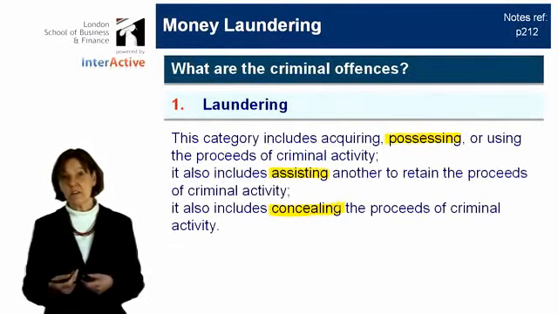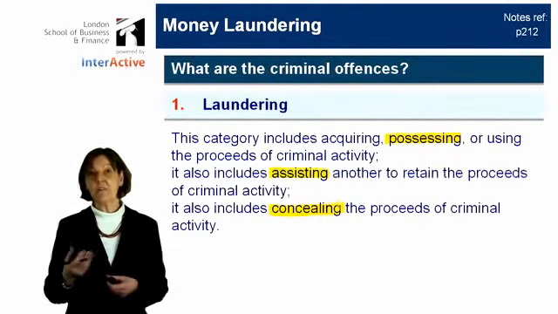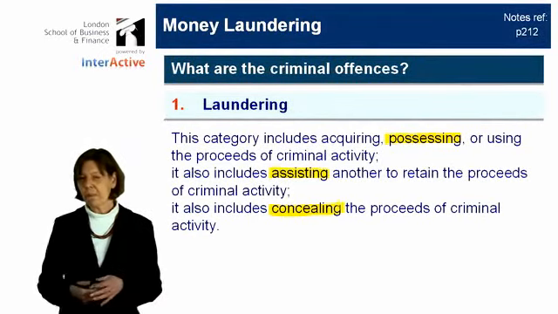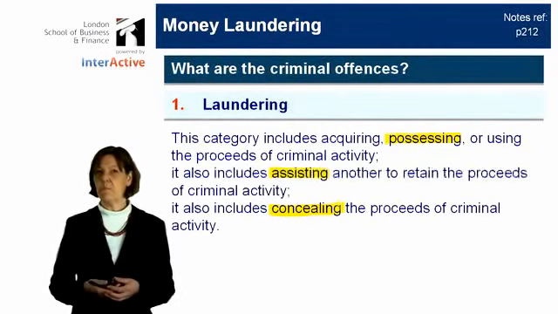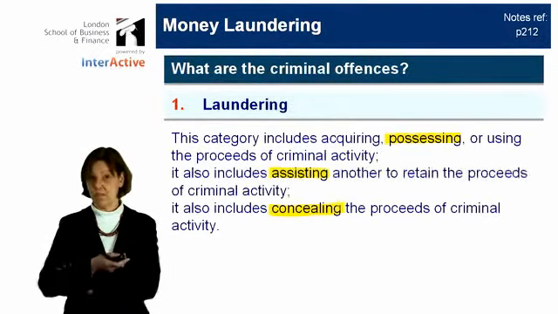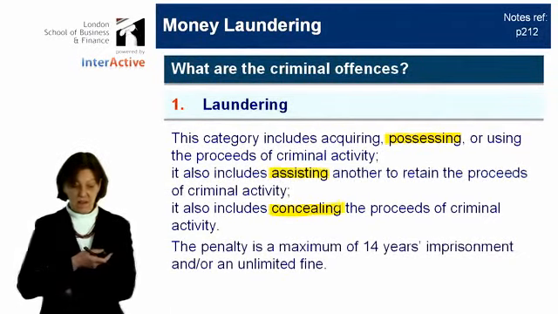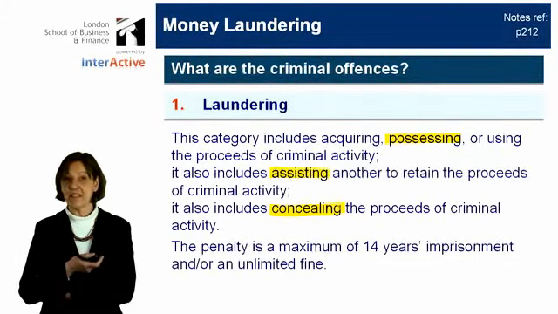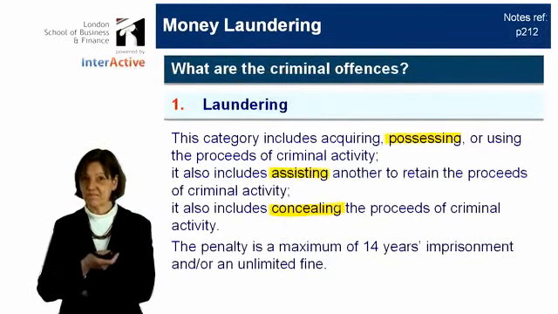So if you are attempting to help your client conceal it, both you and he are committing a criminal offence. So what's the punishment for the money laundering category? Well, unlimited fine, and you could go to prison for up to 14 years. So this is a very serious criminal offence.